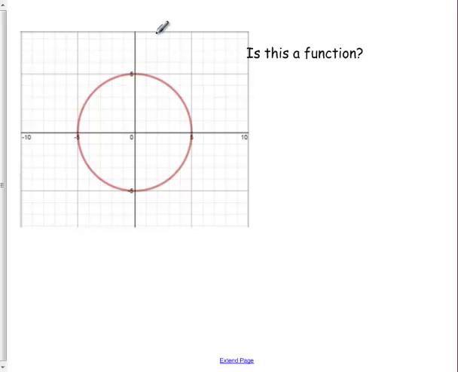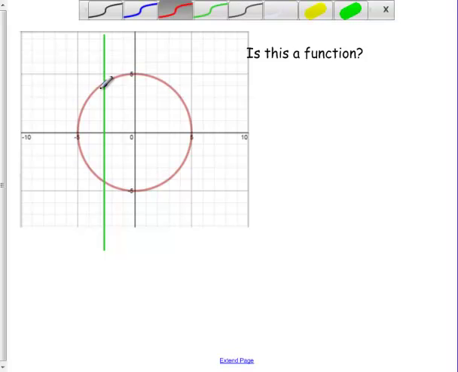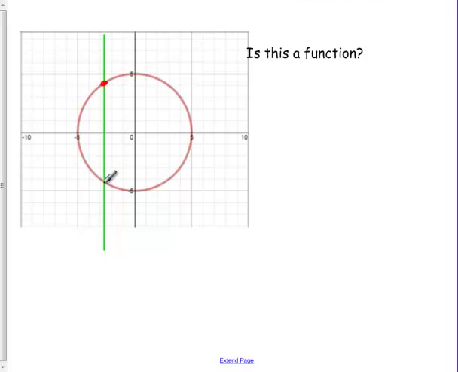Finally, something different. Is this a function? Well, I take my green line and it passes in more than one spot. It hits it twice, right here, and right here, and almost everywhere else. So is this a function? No. This is a circle.